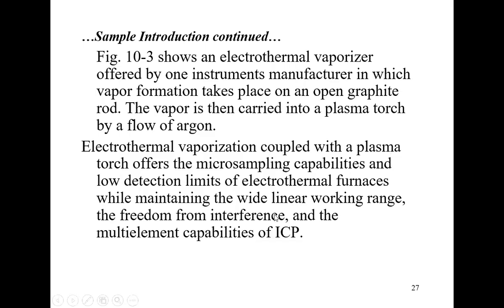By the way, graphite furnace AA has low detection limits. And that's why if you couple it with the ICP, then you lower the detection limits much more. Okay, so notice electrothermal graphite furnace by itself has low detection limits.